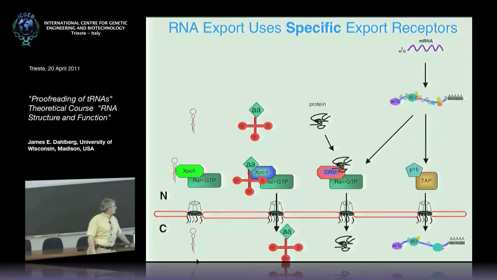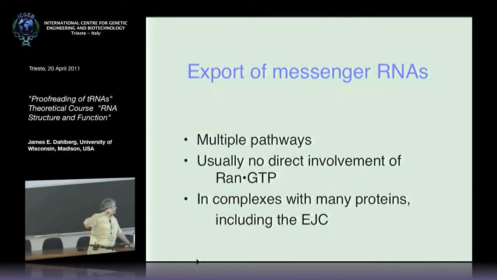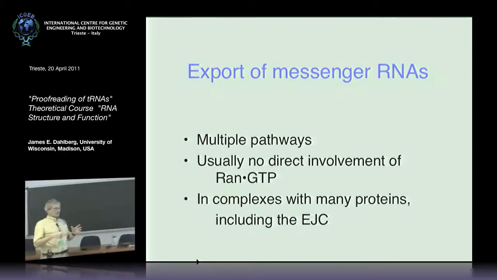And there are more than one way of getting a messenger out, through the adapter pathway that I talked about, as well as through the TAP pathway. But when a messenger RNA is exported to the cytoplasm, it brings with it a lot of proteins. In the process of going through the nuclear pore complex, a lot of proteins are able to stay on the messenger, but a number of them are removed as well.